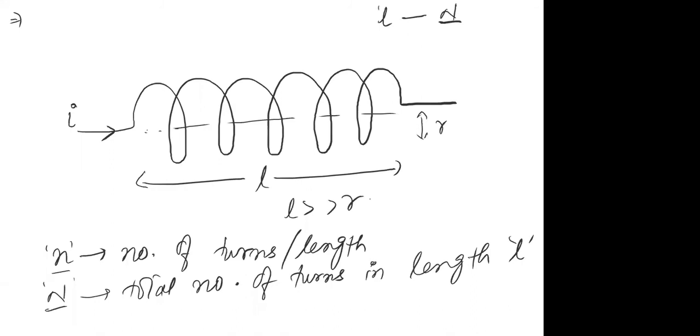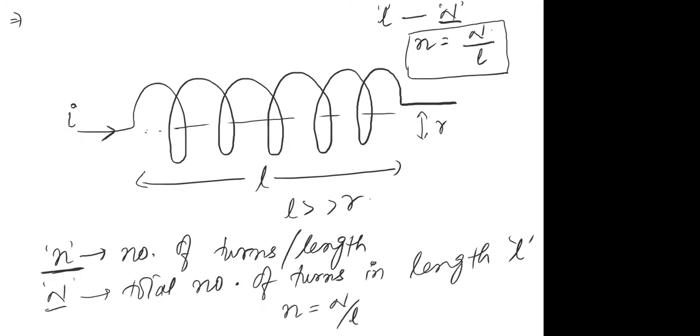L length contains total turns capital N. So small n can be written as capital N divided by L, meaning total turns divided by the length of the solenoid. This is the meaning of small n. Small n means number of turns in unit length, and capital N means total number of turns.